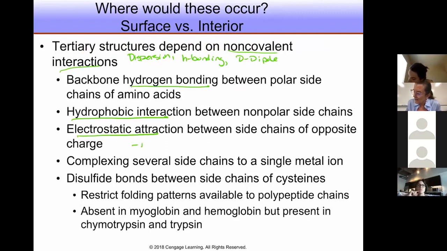So you could have a lysine potentially interacting with a glutamic acid. That would be an ion pair. And then often metal ions are incorporated, and that stabilizes the structure. And then disulfide bonds between cysteines. This is the only one that's covalent. Disulfide bonds are covalent bonds. Everything else is non-covalent.